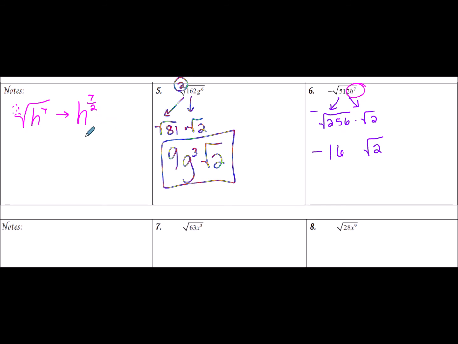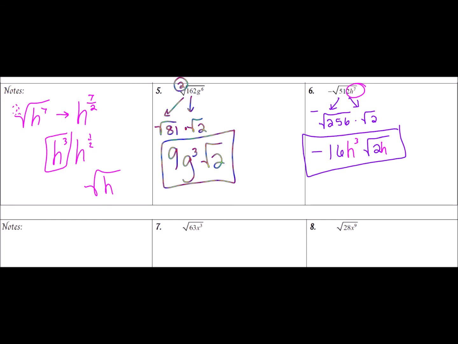This is going to look like h to the 3rd, and then you're going to have 1/2 left over. So this is not going to need a radical, so this is going to be on the outside. And this is going to remain in radical form. So we're going to put the h inside with the 2, but this one gets to stay on the outside. So this is our final answer.